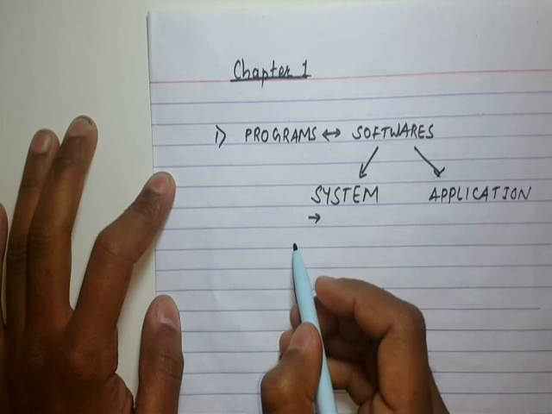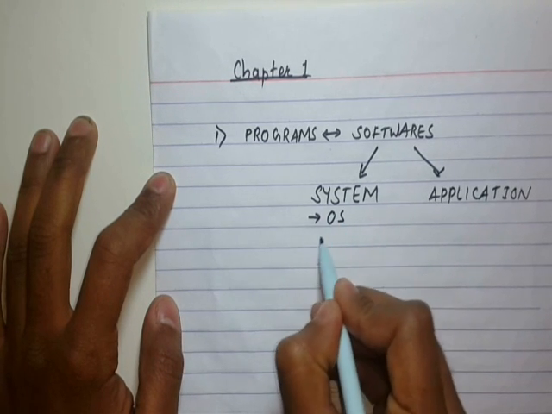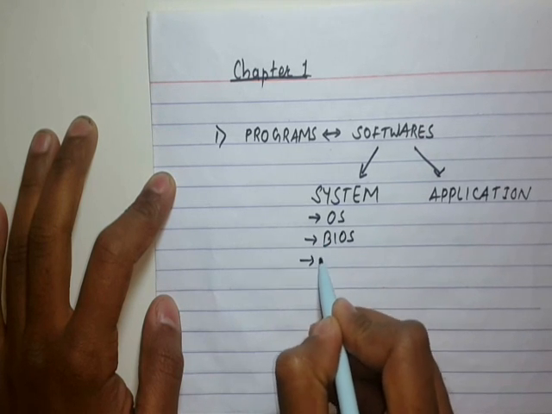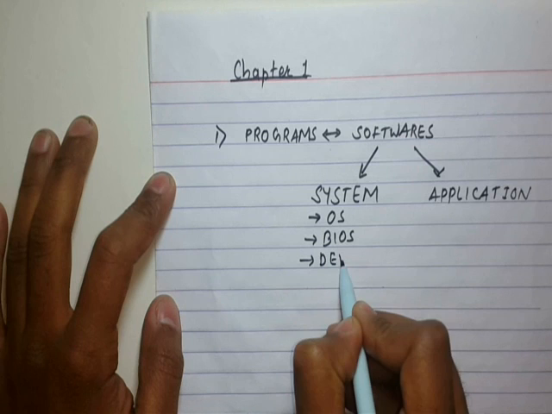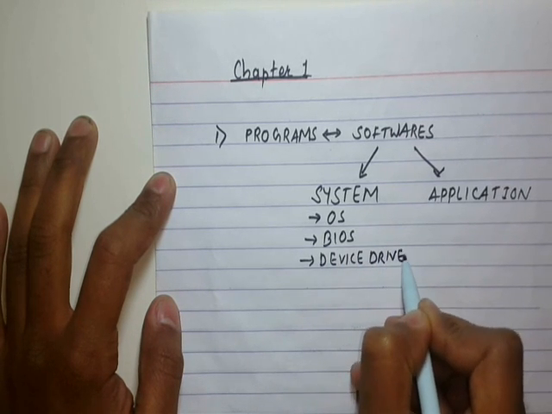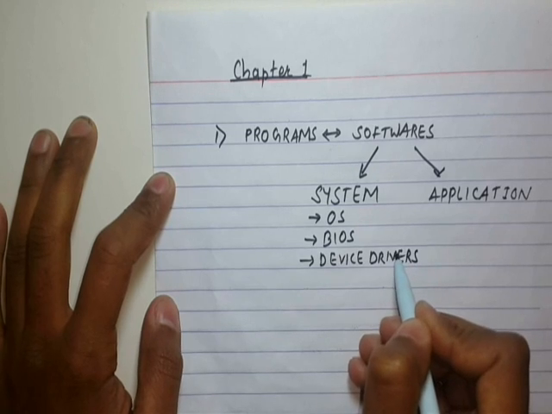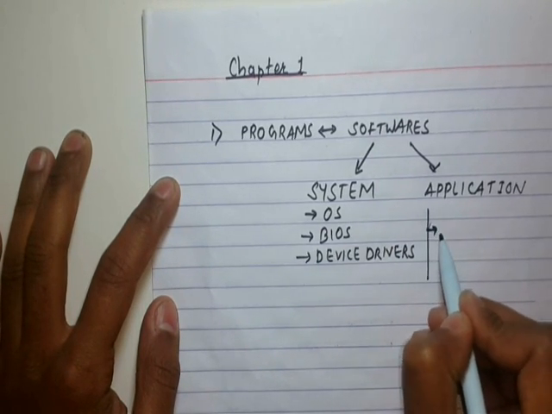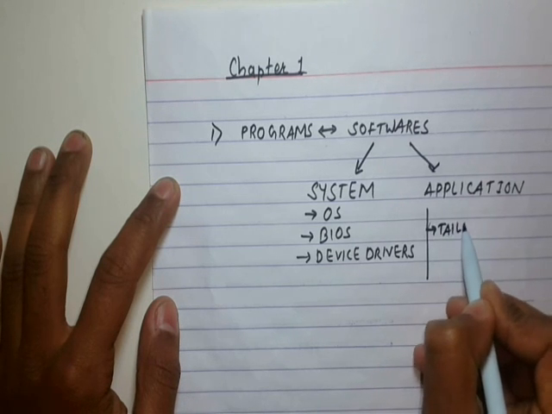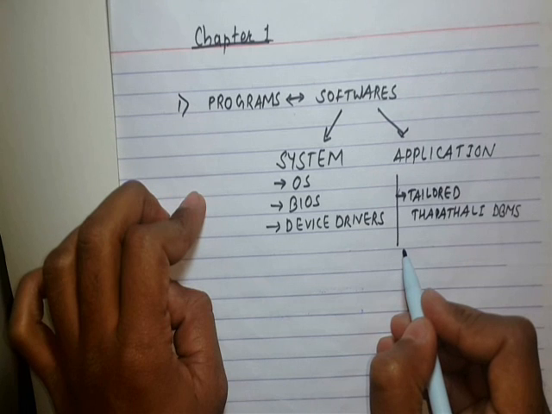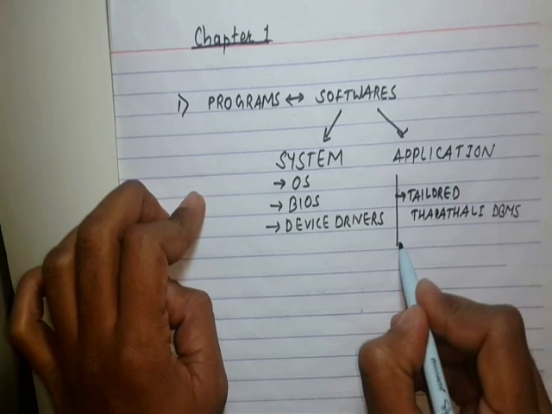Some examples of system software we discussed were OS, BIOS, device drivers. Under application software we discussed three types: tailored. We took the example of the DVMS system used in Thapathali Campus as an example of tailored software.